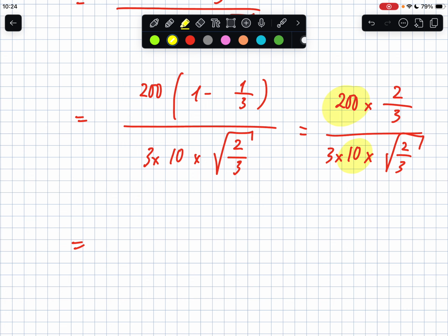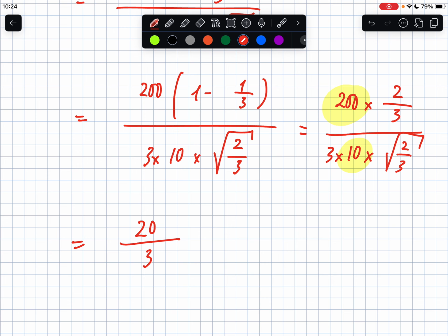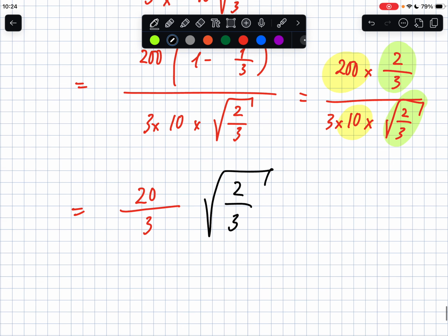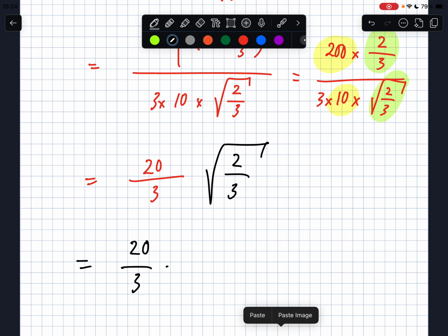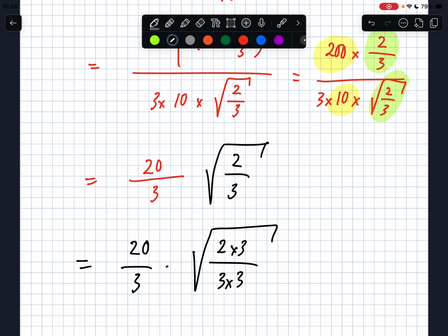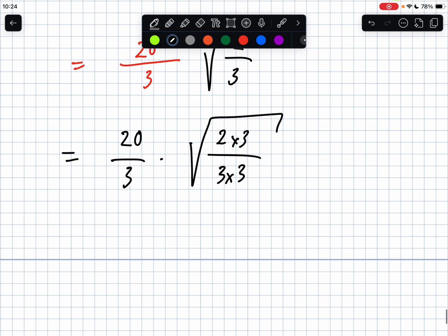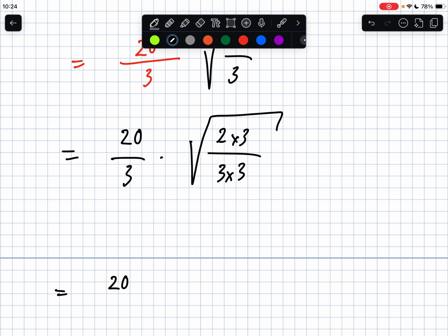So 200 over 10, I can do 20 there, with 3 still there. Square root of this one over square root of this one, so we have square root of 2 over 3. So 20 over 3, and multiplying by 3 to get rid of that square root down there, 20 over 3 times square root of 6 over 3.